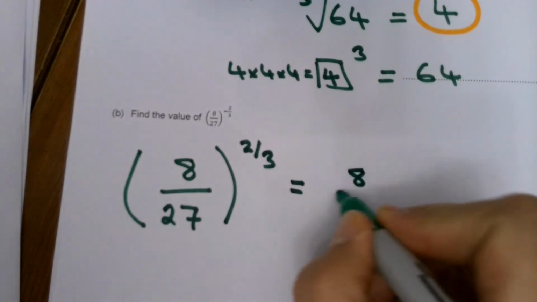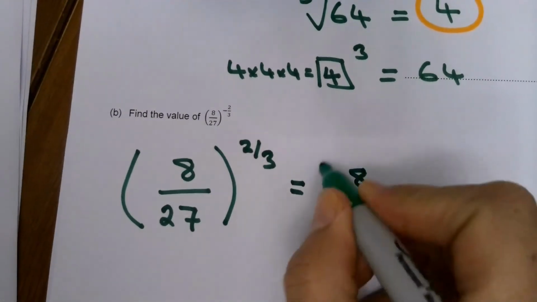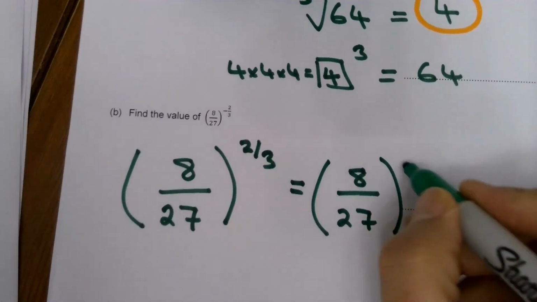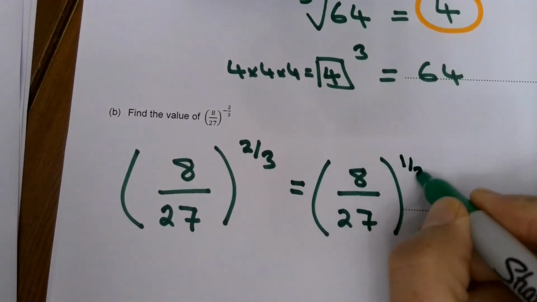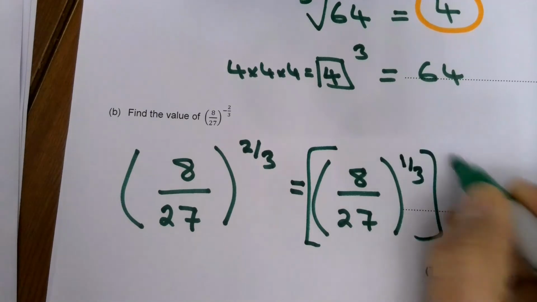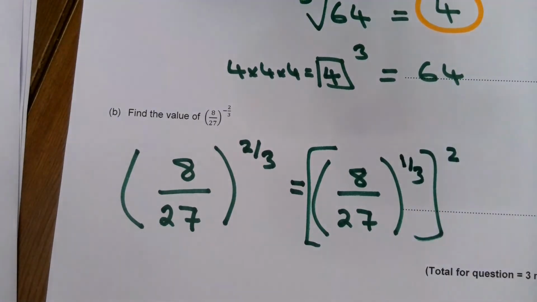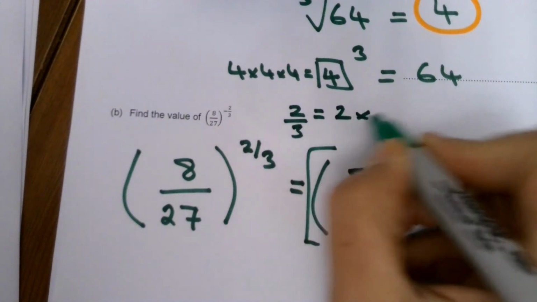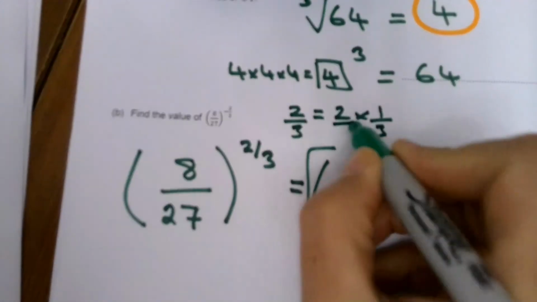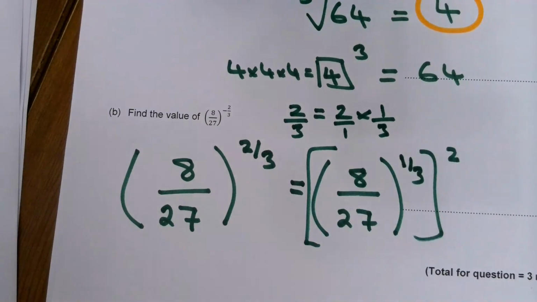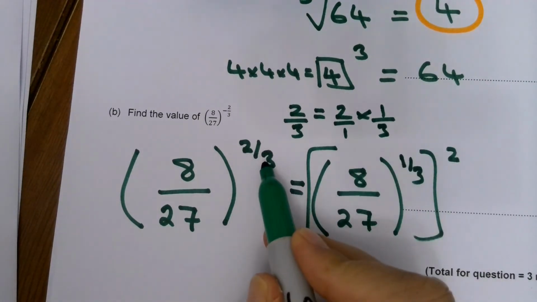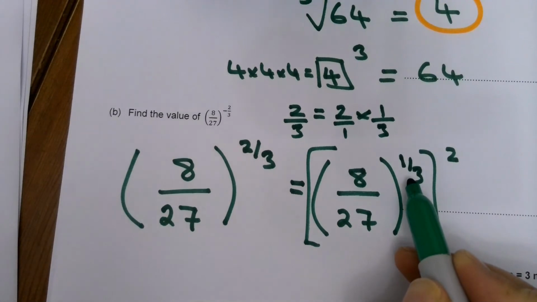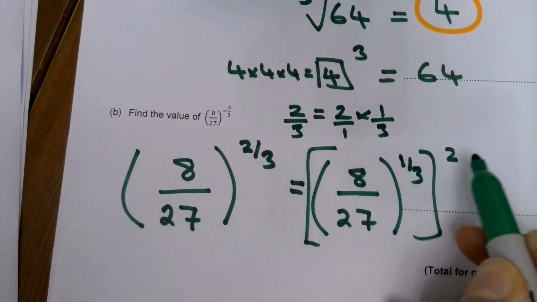Now, I'm going to break this down and change the 2/3 into a third times 2. Right, 2/3 is the same as 2 times a third, isn't it? Times the tops times the bottoms. So 2/3 is the same as saying to the power of a third raised to the power of 2.